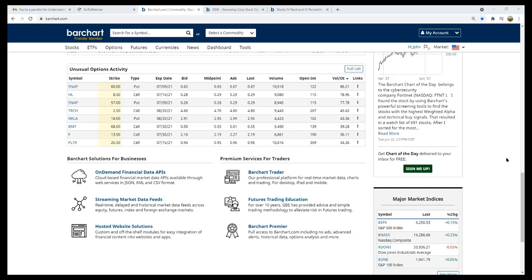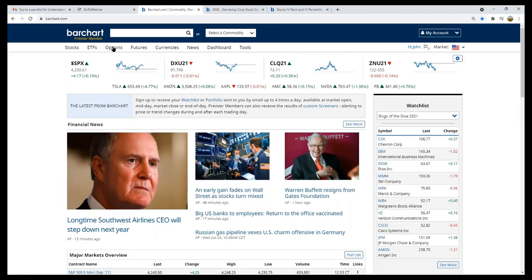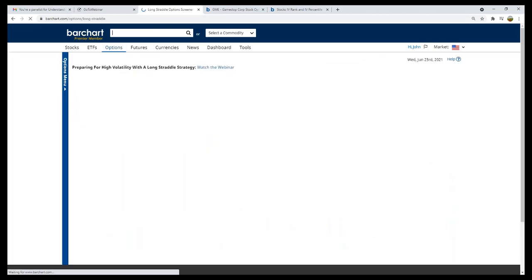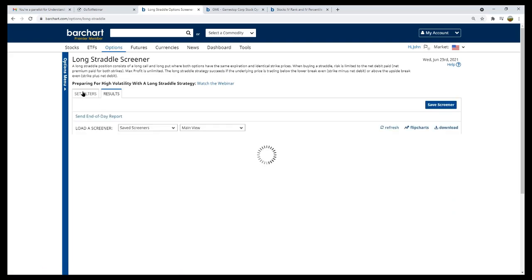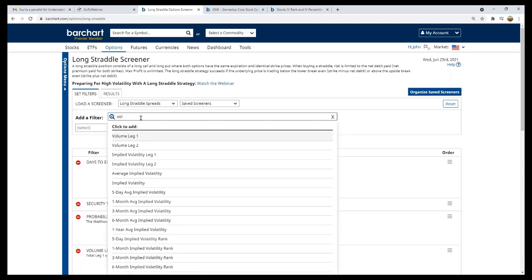Well, so let's go back to our screeners. For instance, if I'm doing long straddles, I think this is what Timothy is asking, I can come into the filter here and filter based on my implied volatility, my average volatility, my 3-month, 6-month, 1 year.